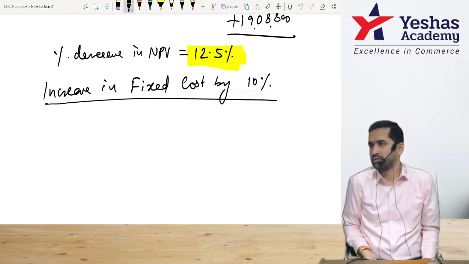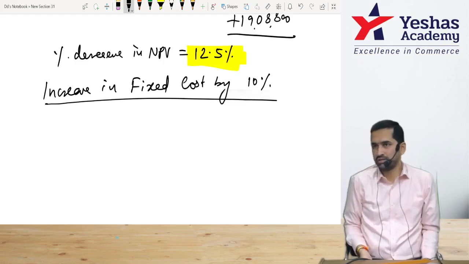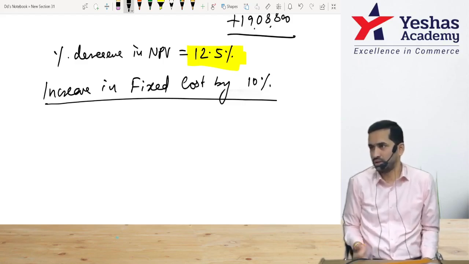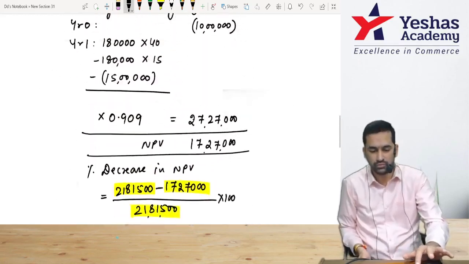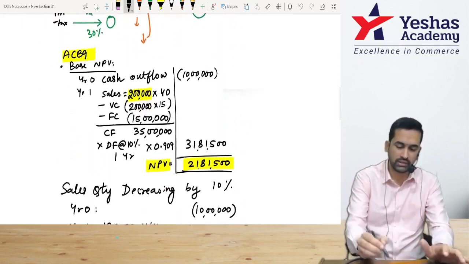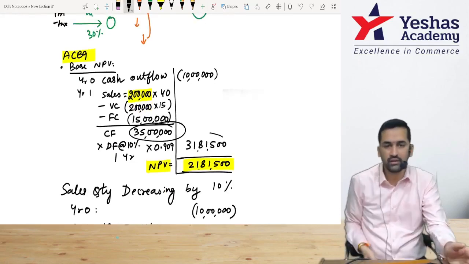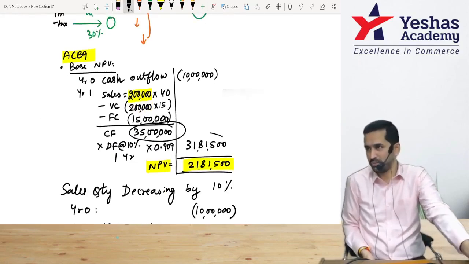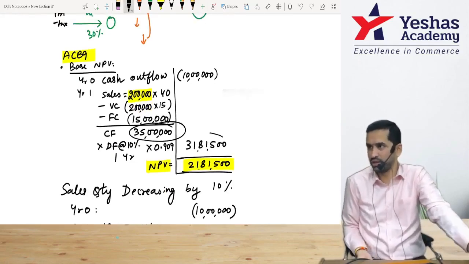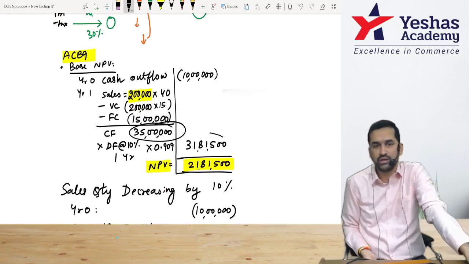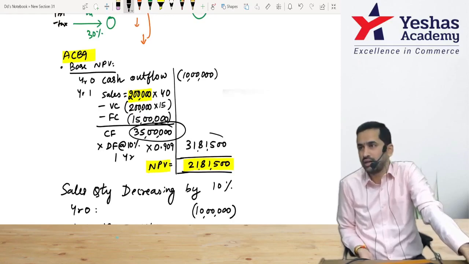Correct? Understand, if it is MCQ, whatever is the original number, you minus only extra fixed cost. Original NPV you have with you, not the NPV, this number, this 35 lakh. Now this 35 lakh will come down by 1.5 lakh because fixed cost is going up by 1.5 lakh. So I'll directly do 33.5 lakh into 0.909 minus 10 lakh rupees.